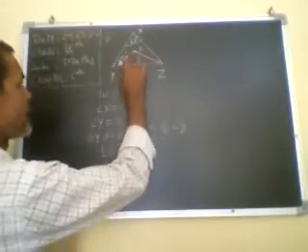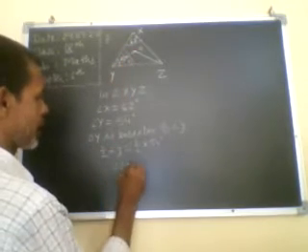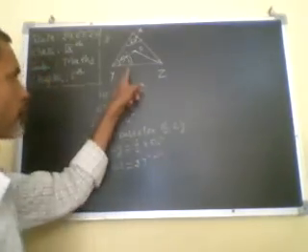Half of angle Y is marked as angle 1. So angle 1 is 27 degrees. This is the first value.